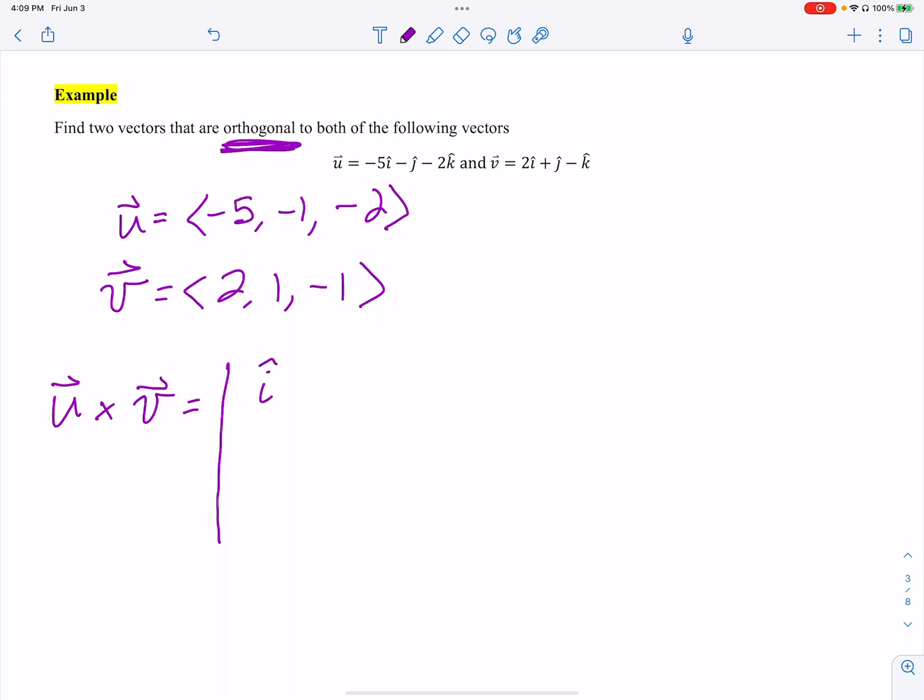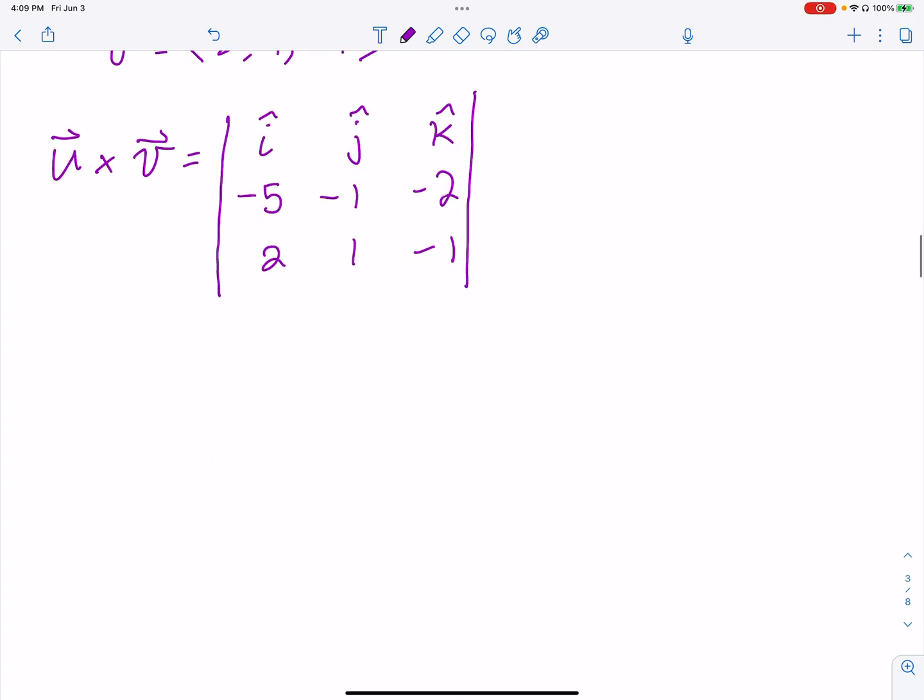I, j, k. And then I put them in order. U goes first, so it goes first in the matrix. Write them all out. All right, and we're going to follow this formula now. So remember, this has to do with highlighting the top row and each column. I write down what's left: -1, 1, -2, -1 times i.